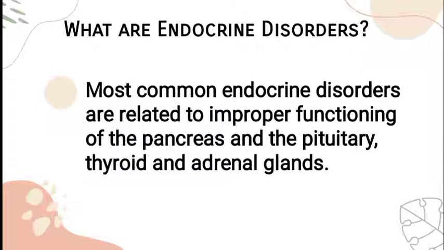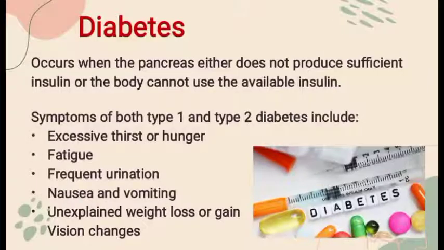These disorders often have widespread symptoms, affect multiple parts of the body, and can range in severity from mild to very severe. So what are these disorders? The first one is diabetes. Diabetes mellitus is the most common endocrine disorder and occurs when the pancreas either does not produce sufficient insulin or the body cannot use the available insulin.